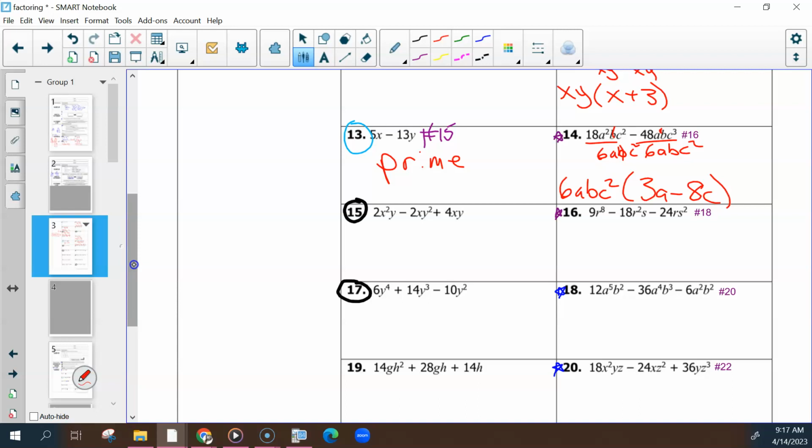Let's do one with 3, number 16. So now you're thinking of the greatest common factor of all 3 numbers, 9 and 18 and 24. Say it again. It is 3. And then do they have any variables in common?